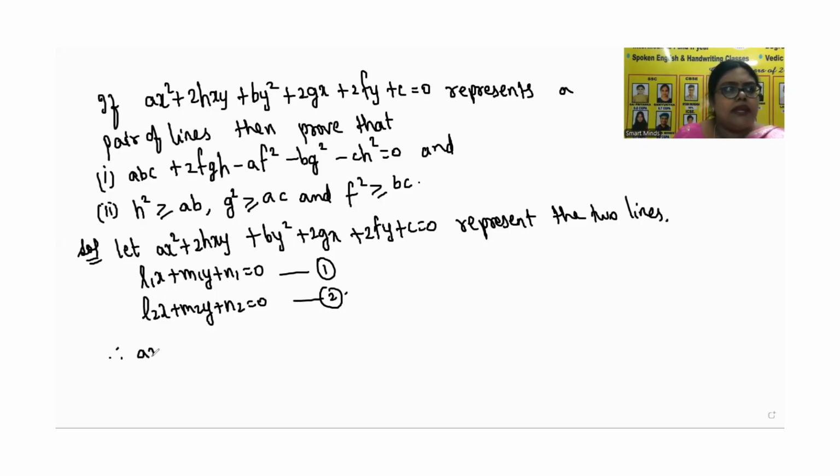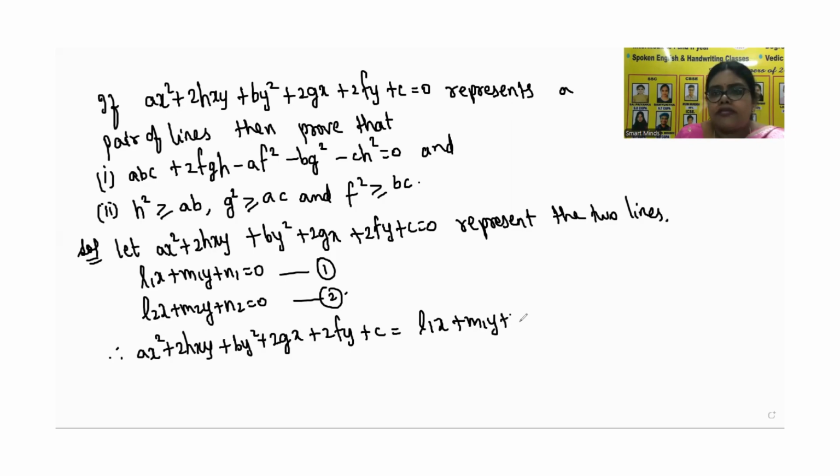Therefore, ax square plus 2hxy plus by square plus 2gx plus 2fy plus c is equal to L1x plus M1y plus N1 into L2x plus M2y plus N2.